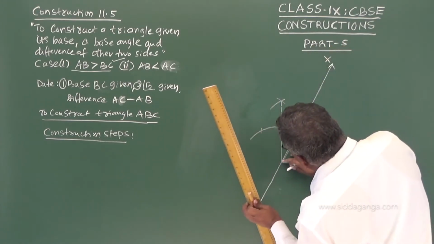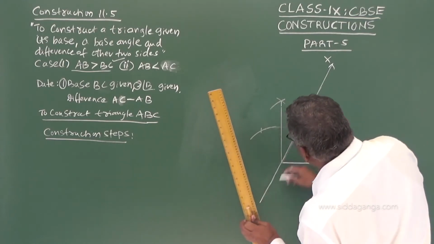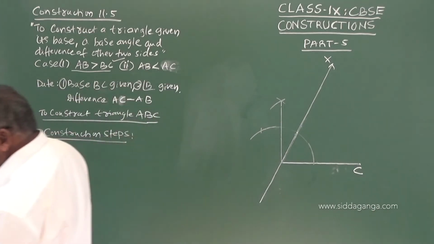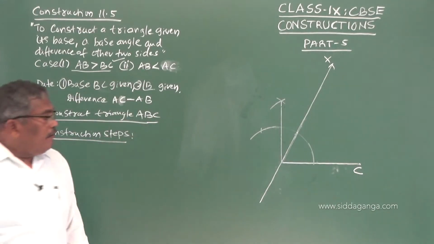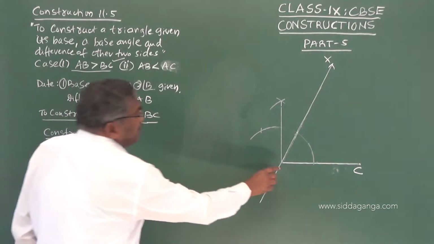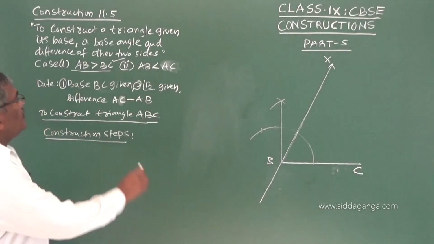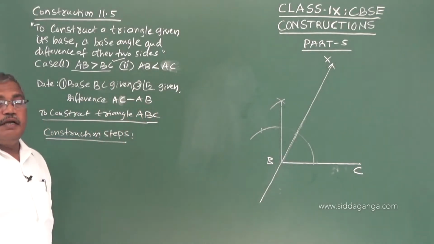Then take a point D such that BD must be equal to the difference AC minus AB.